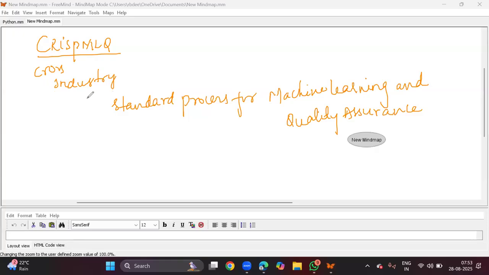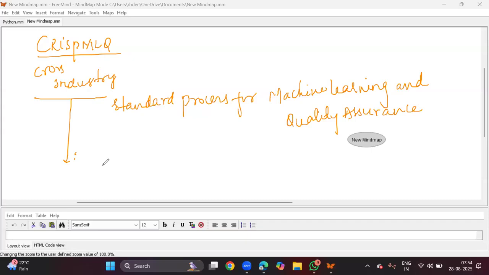Why am I telling it as cross industry? As you asked, where we are using it: every domain. You go to a hospital, cancer detection you want to do, or you want to do IMDb reviews understanding, or you want to talk about PM Modi's speech analytics. What are the core topics he has addressed in the speech given on Independence Day?